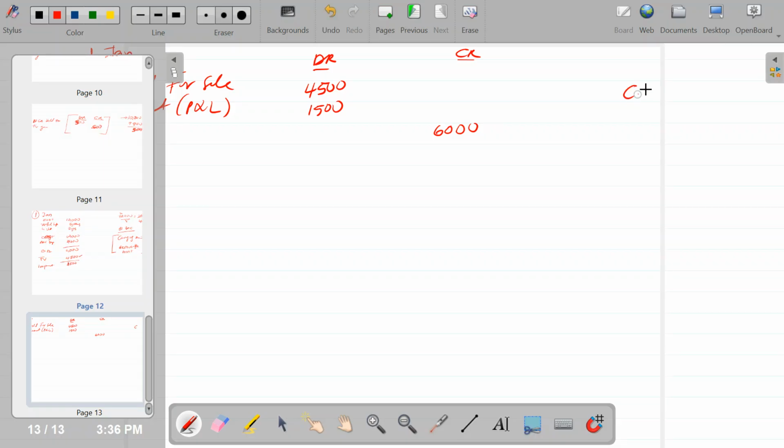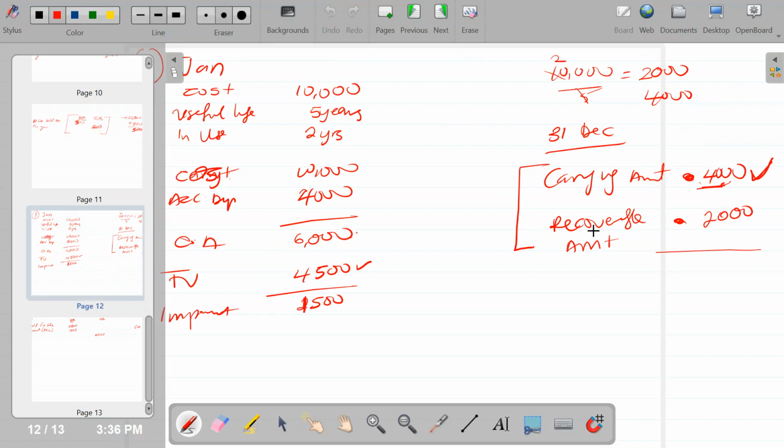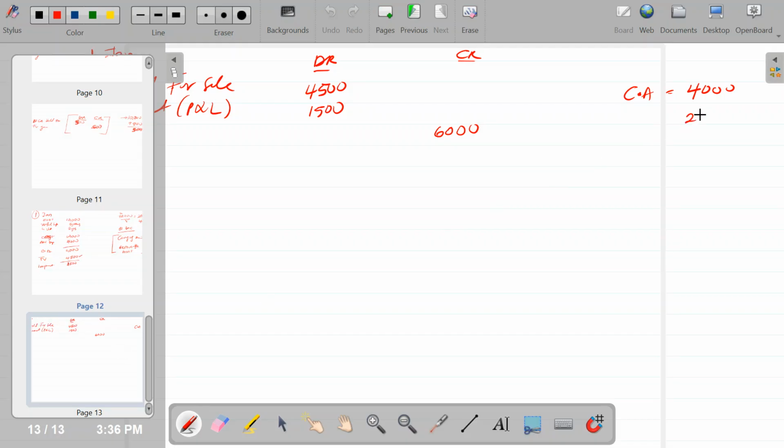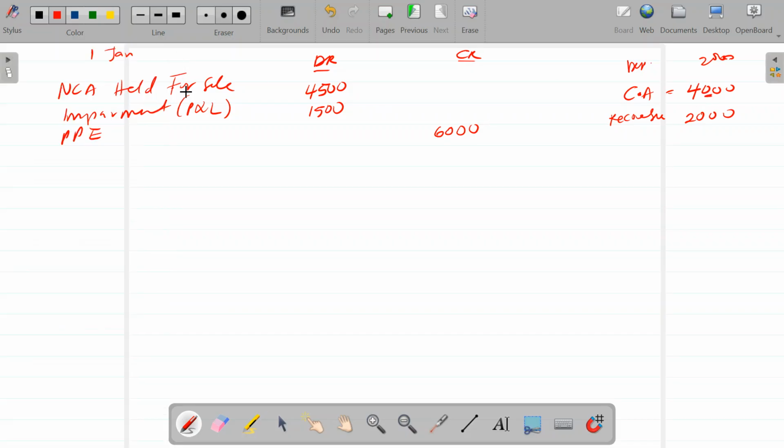So we got 4,000, and let's say the recoverable amount is 2,000. So we had to calculate a depreciation charge of 2,000 to arrive at this 4,000.